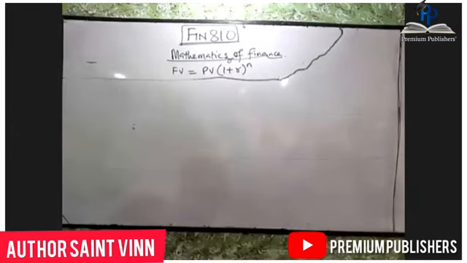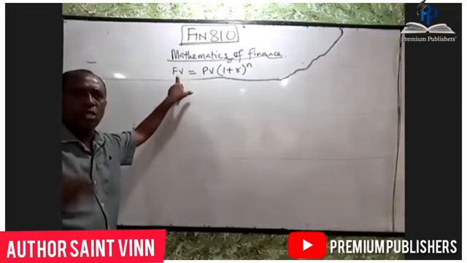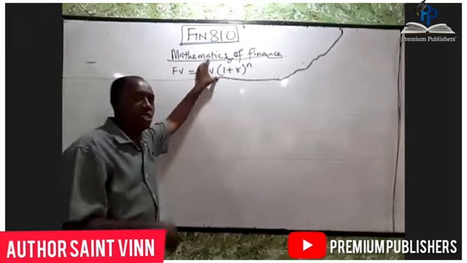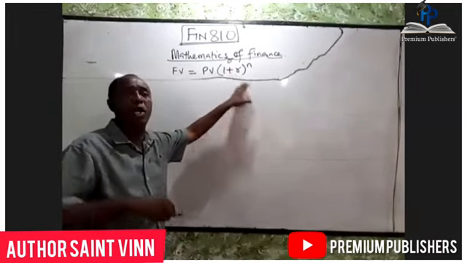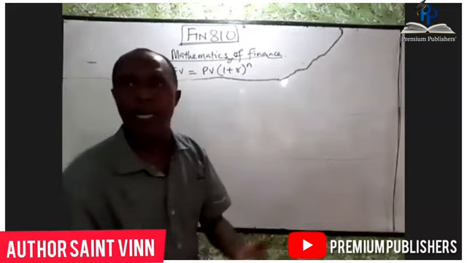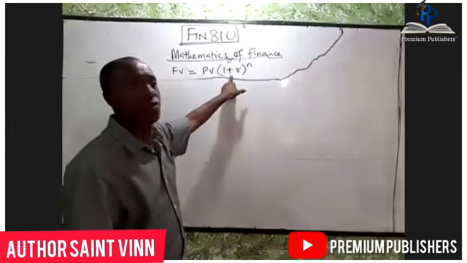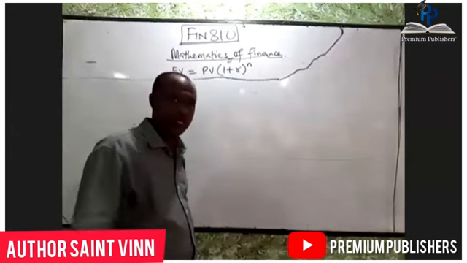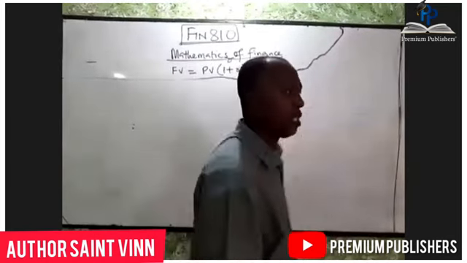What you're seeing on the board here means that I can know the future value of my money when I know what it is today, which is the present value, and this present value will be compounded. Compounded means multiplication. Compounded by our interest factor, raised to the power of the number of what? Years. If the years is 10, or 5, or 6, we'll put it there.